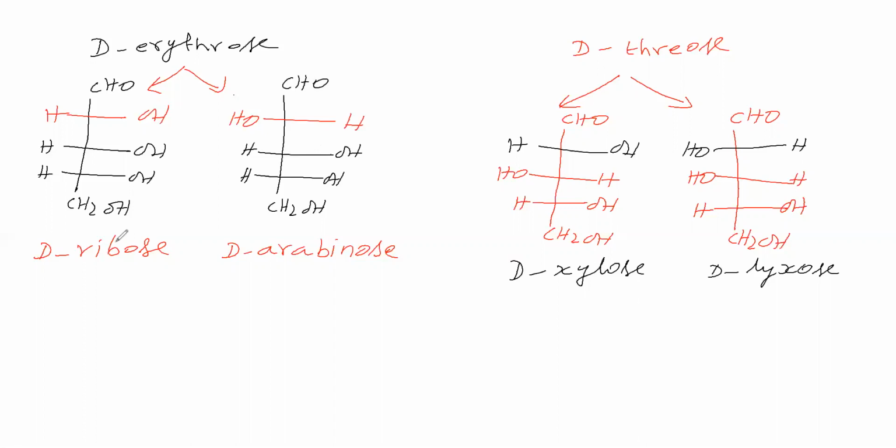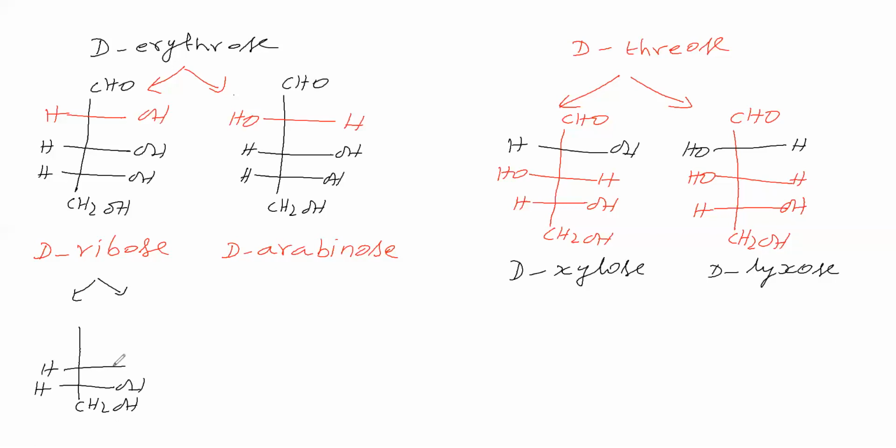Now we will take D-ribose 2 times. So now we will write CH2OH. This is D-ribose we are writing 2 times. Here CH2OH. Next chiral carbon HOH.